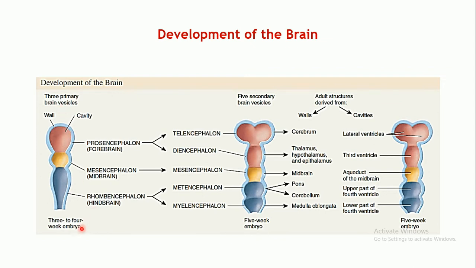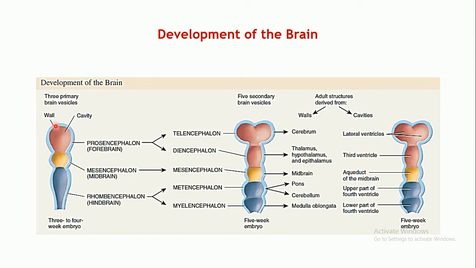Now this is a 3 to 4 week embryo brain. As you can see, the brain is in the form of 3 vesicles. That is, there is a cavity surrounded by a wall, and there are 3 different vesicles located over here.